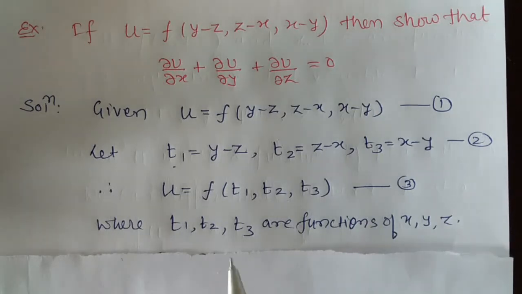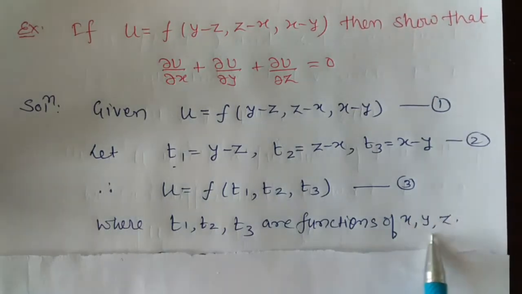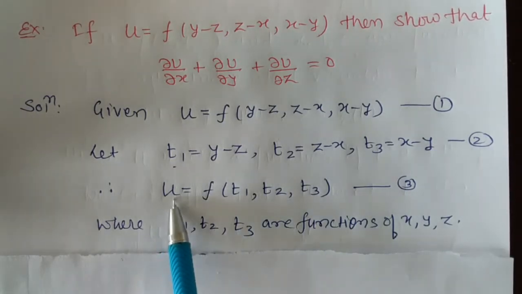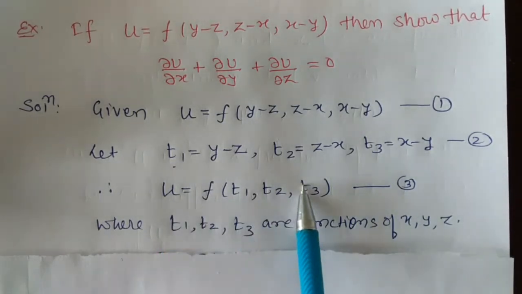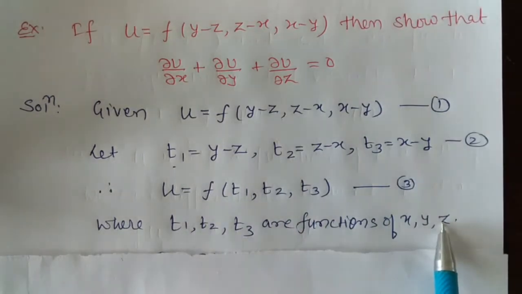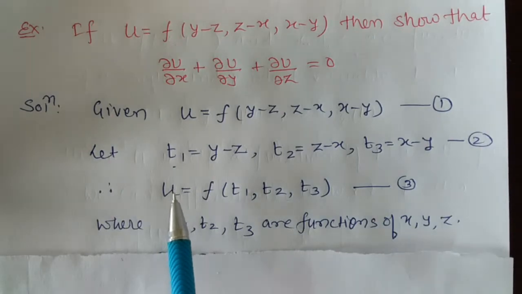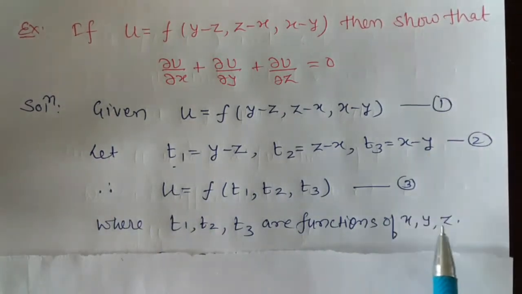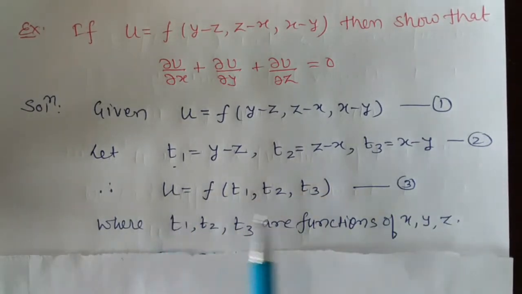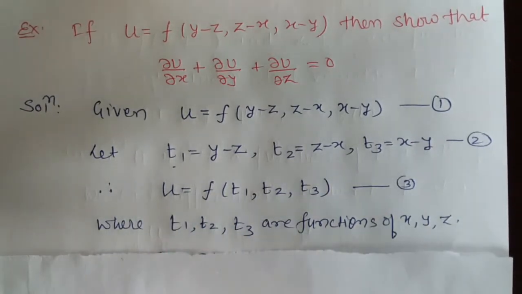Therefore, we can differentiate u with respect to x, y and z partially using the total derivative process.